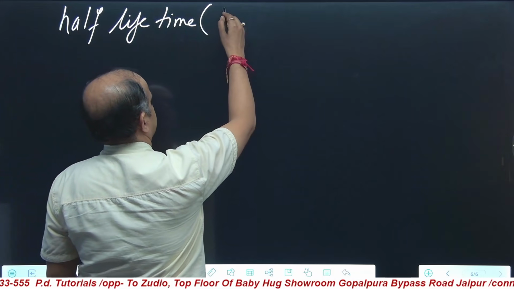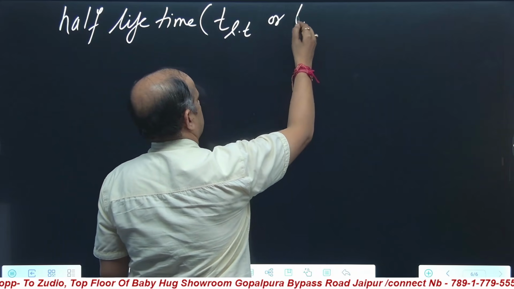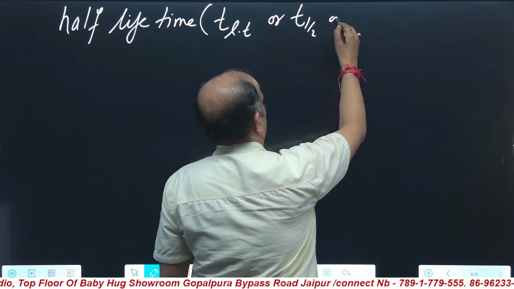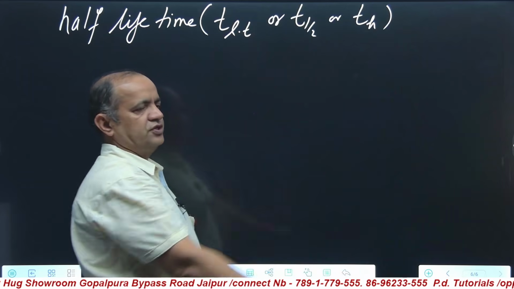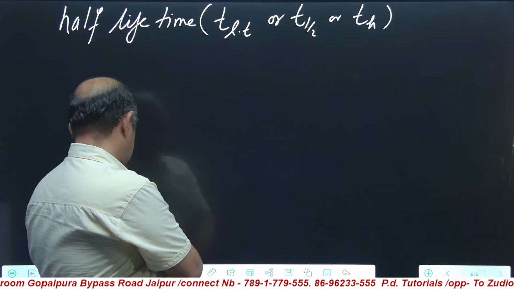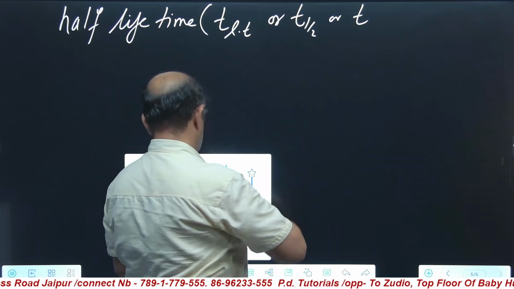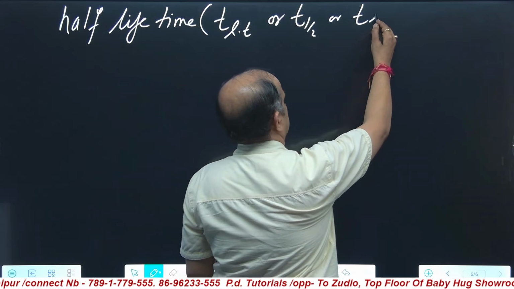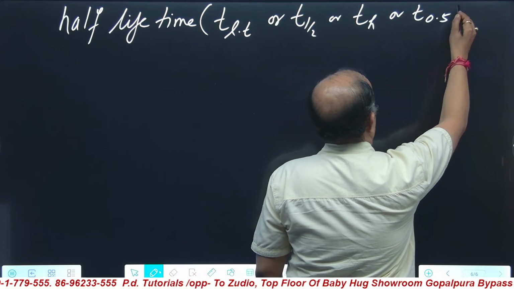Half-life time. We can represent it by any of these: T_1/2, T half, or T_0.5.